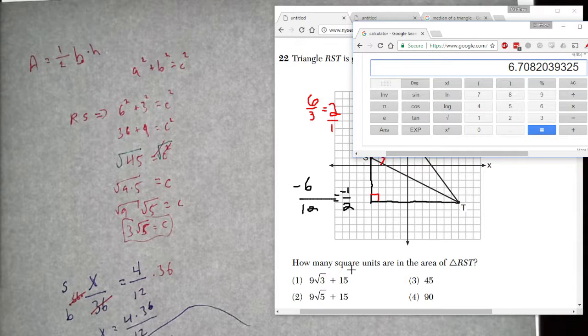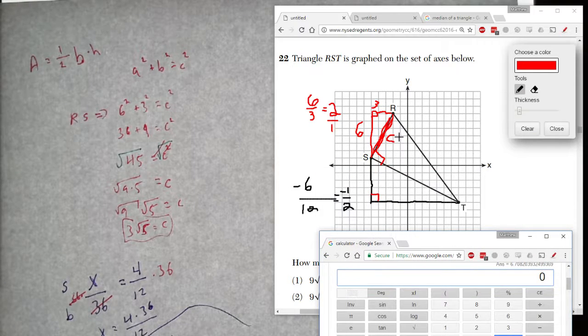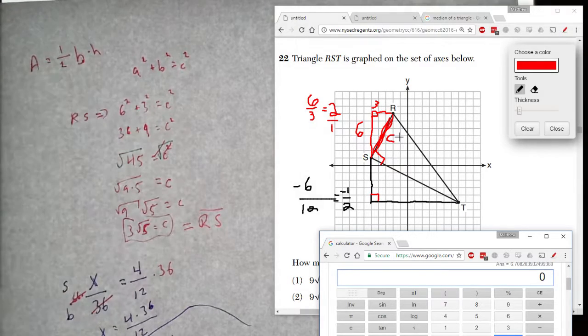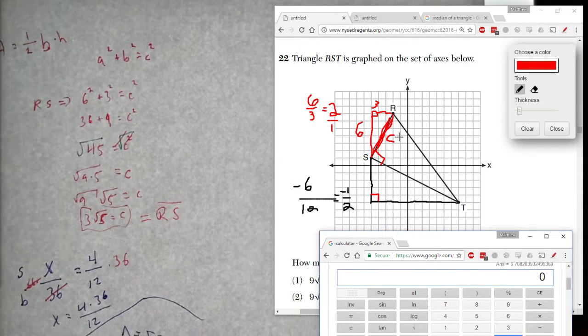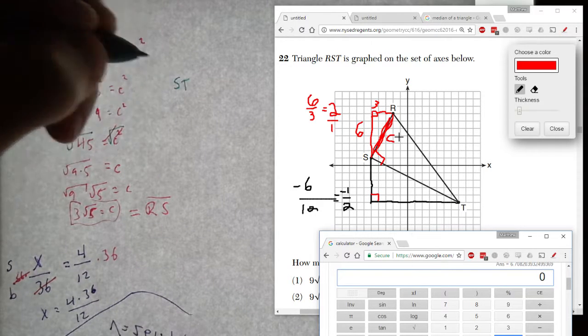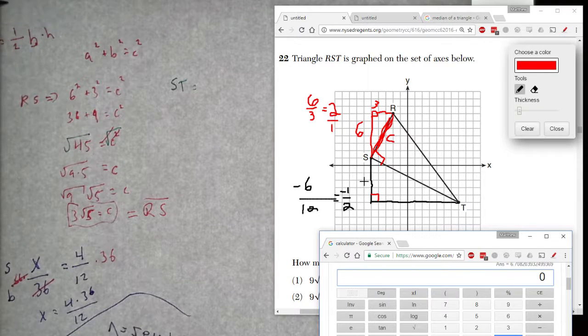Now I'm starting to guess maybe it's the root 5, because I'm going to multiply it by something. We'll find out soon enough. So we found that this c is equal to RS. We'll keep RS in red. We'll go in blue for now. I want ST. ST should be equal to a squared plus b squared. This over here was 6, this over here was 12.